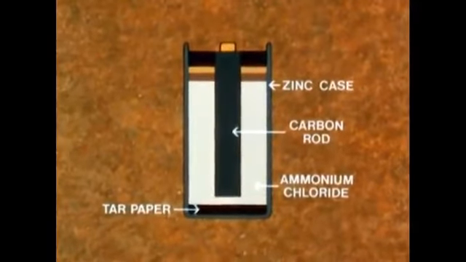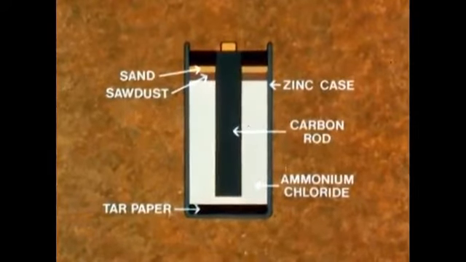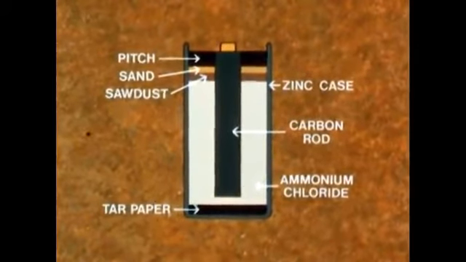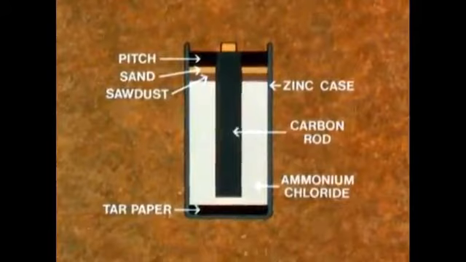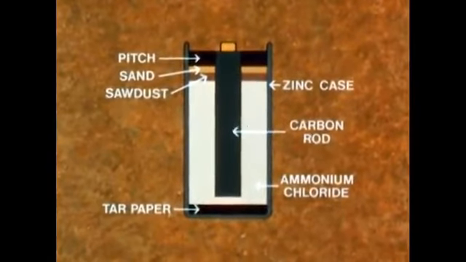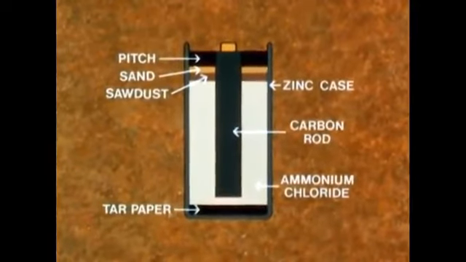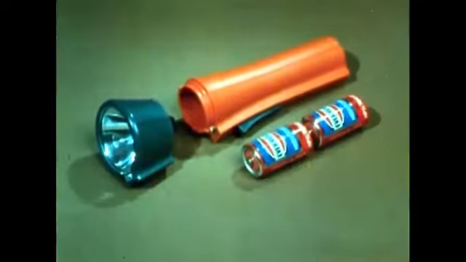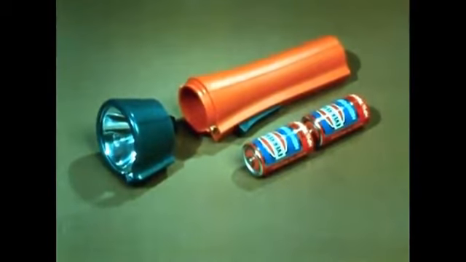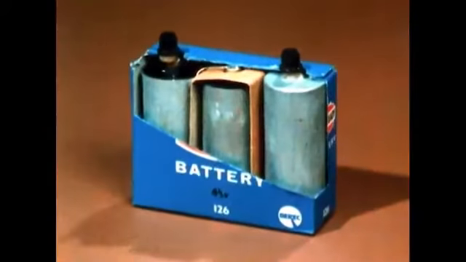And at the top, layers of sawdust, sand, and pitch hold the rod in place and prevent electrolyte leakage. In use, the zinc and the electrolyte are gradually used up until the cell is dead. When we connect several cells together, in a flashlight, say, we call the combined unit a battery. Here's a battery where 3 cells are connected together.